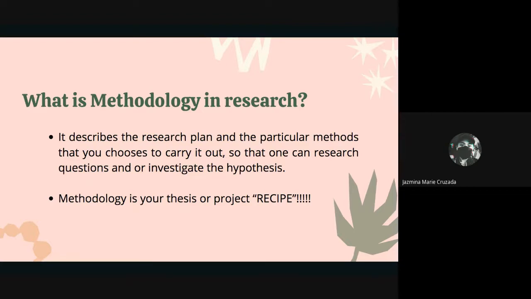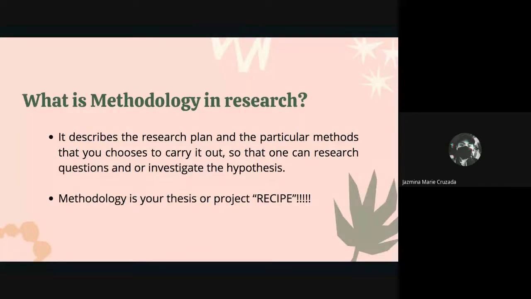So guys, we all know that a recipe is needed in producing certain foods, dishes, and even drinks. Recipes are the guides of cooking. Let's say a recipe has three components, and let's try to relate it to the parts of the methodology.